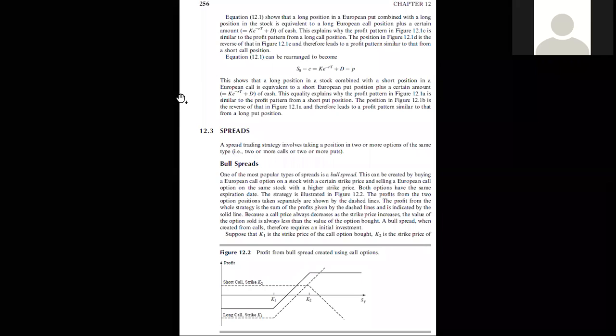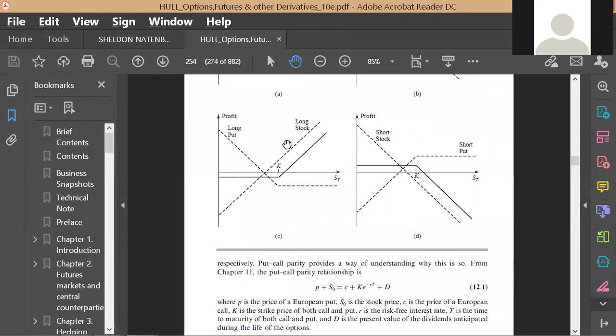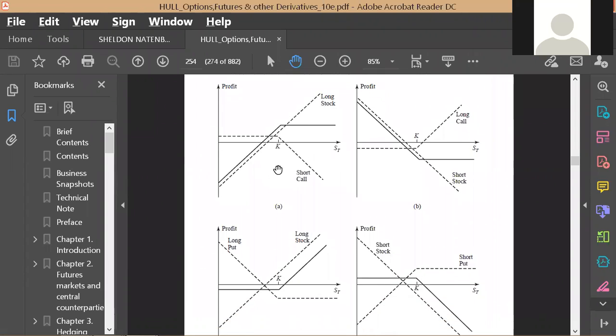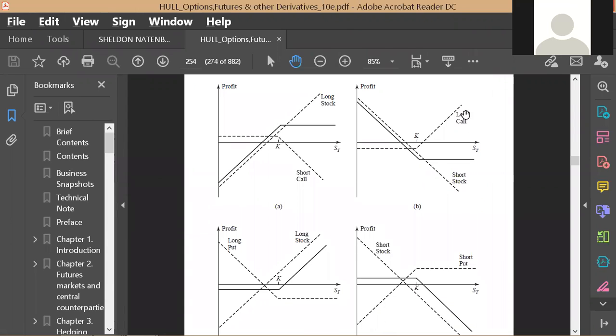The PDF display is not very helpful to us. So your question is, why is this long call written here, right? That's your question, Utsav? Yes, sir.